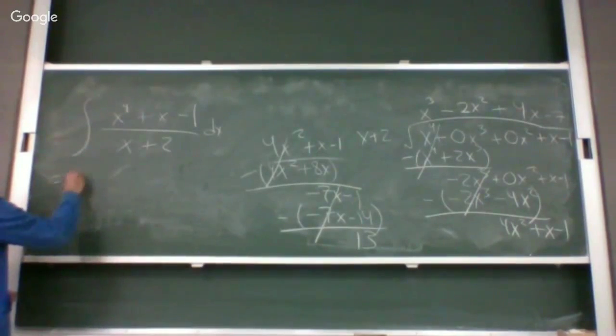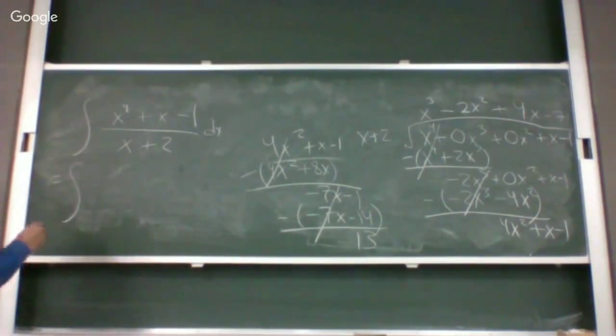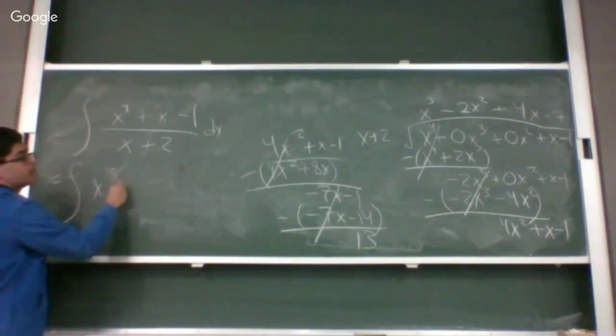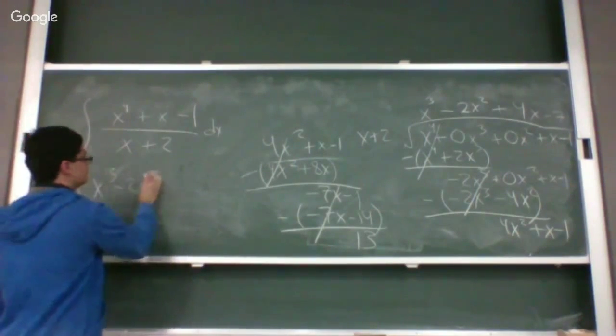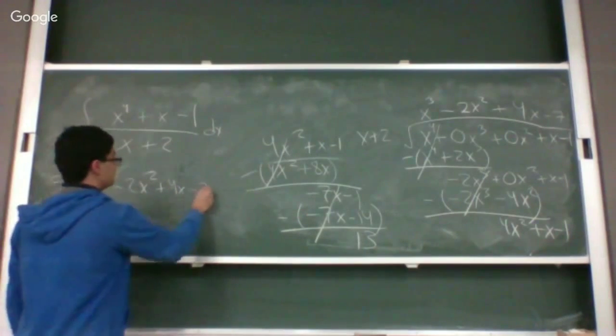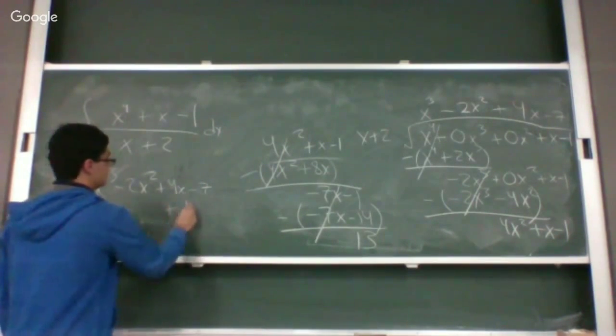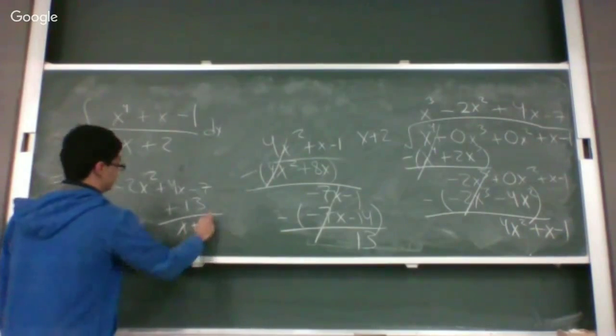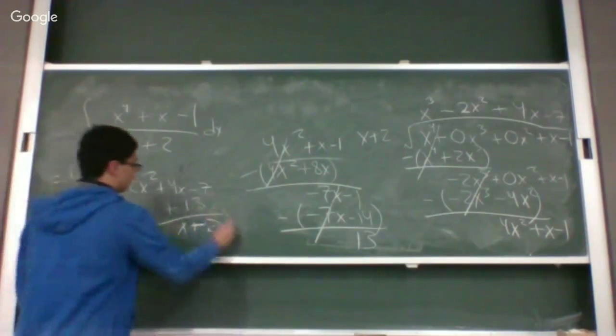So this integral can be broken apart into x cubed minus 2x squared plus 4x minus 7 plus 13 over x plus 2, quantity dx.